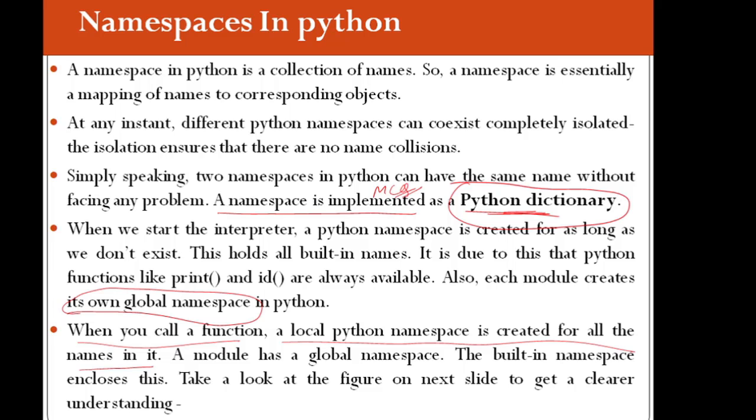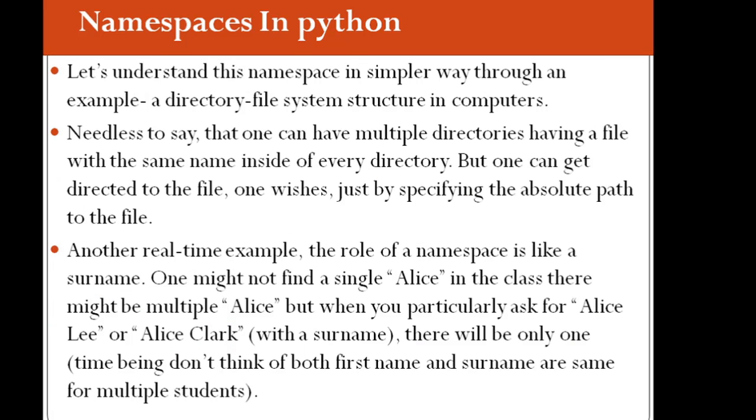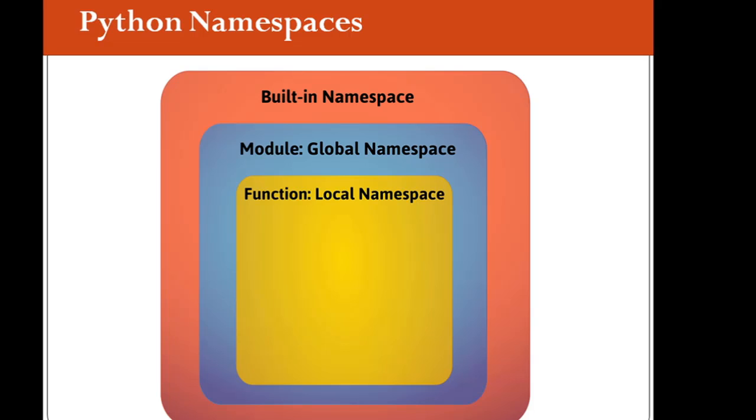Let's take a look at the figure that explains this. This is the figure in which you can see the built-in namespace, that is the superset. Then you have the modules, which have the global namespace, and inside it we have the functions, which have the local namespaces.